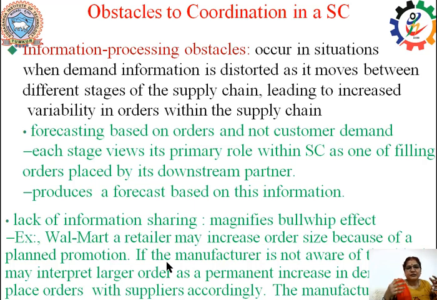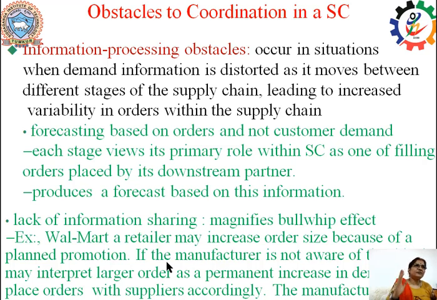So he places the order for the raw material with the supplier accordingly, thinking of future growth of the demand. But after 1 month or so, Walmart finishes his promotion. Manufacturer and suppliers were not knowing.